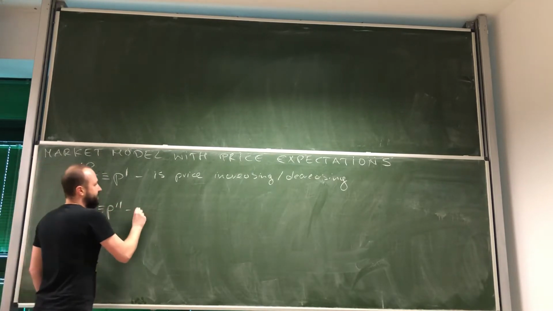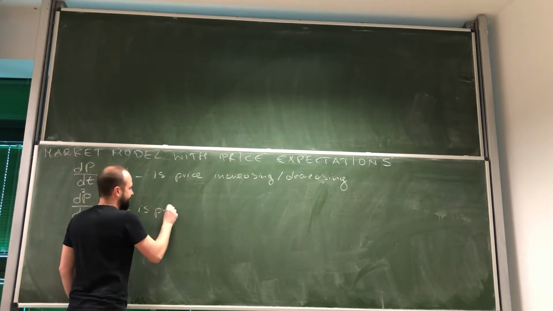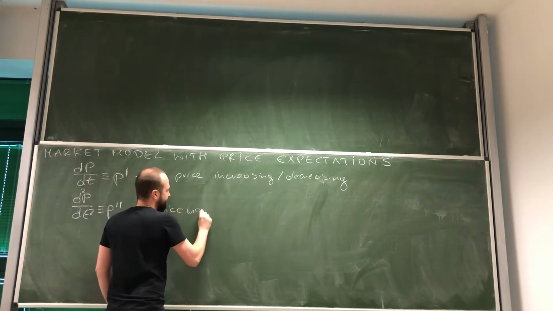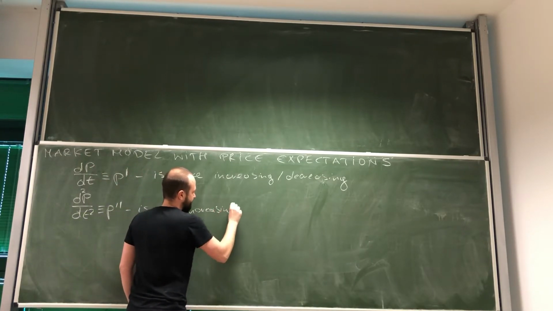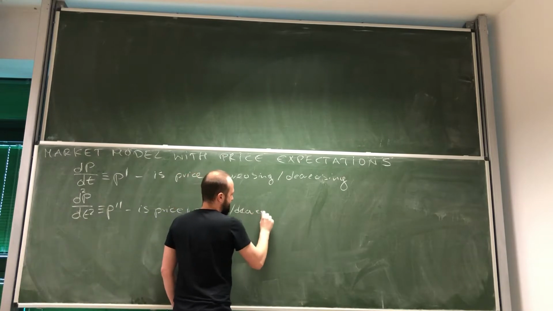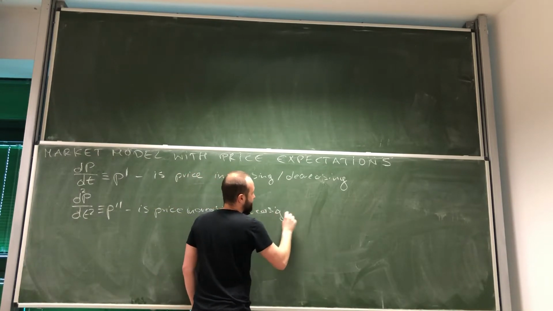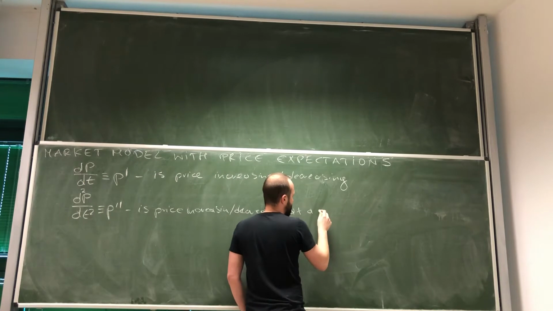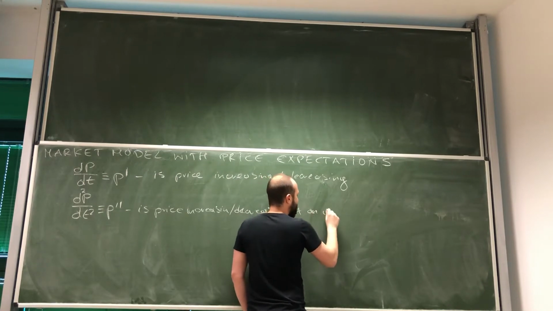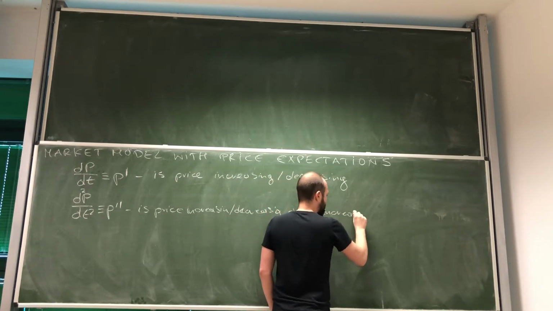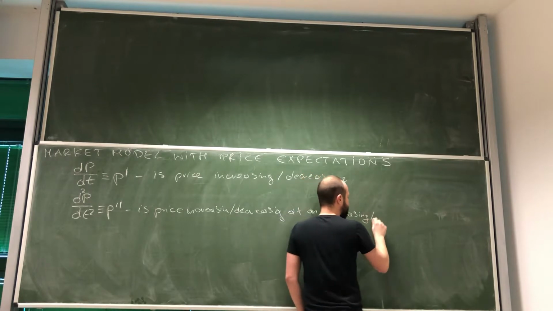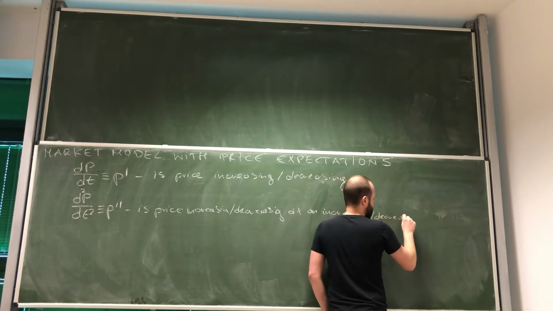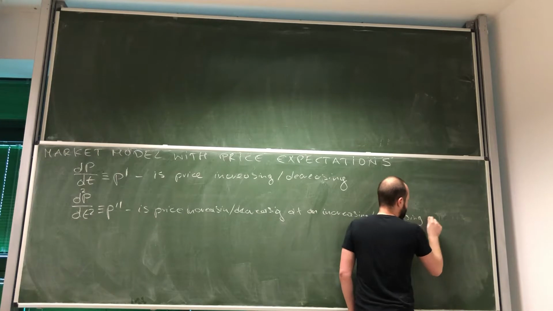p double prime: is price increasing or decreasing at an increasing or decreasing rate.